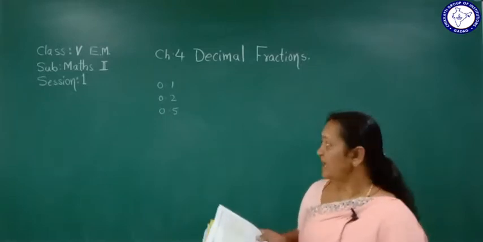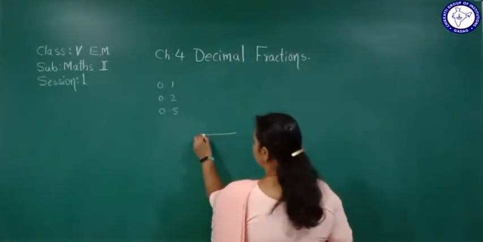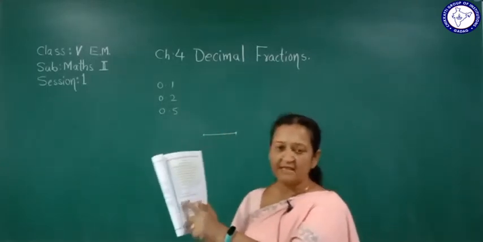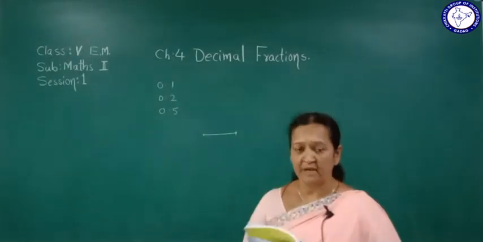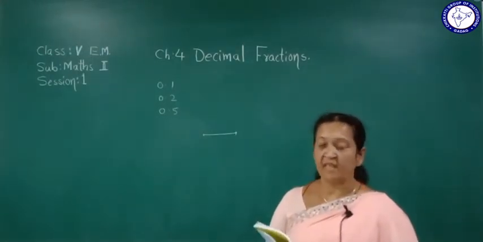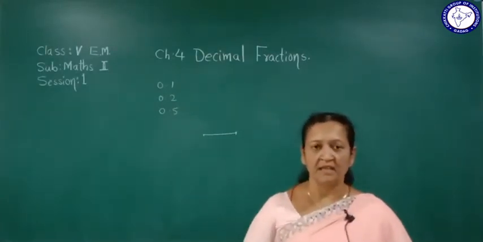Now here, suppose we want to measure the length of a pencil. Suppose a small pencil is given and it is between 2 different centimeters. Then in 1 centimeter, check your scale, take your scale.